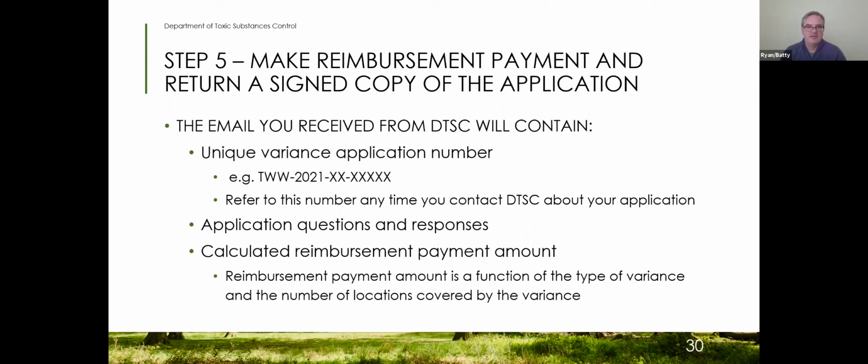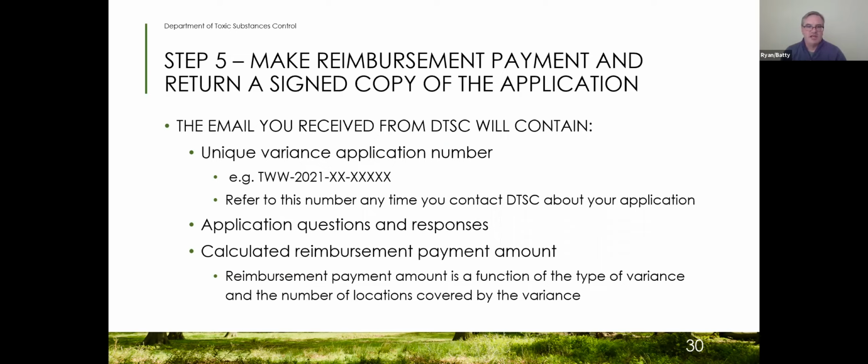The number on the end is just a unique number for your application. Anytime you're contacting DTSC regarding your variance application, we ask that you include this number, as it will help us associate the question with your application.